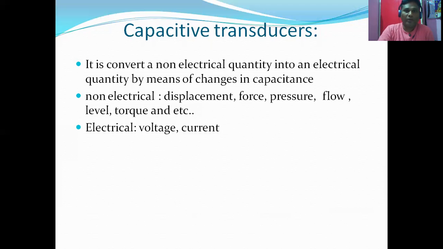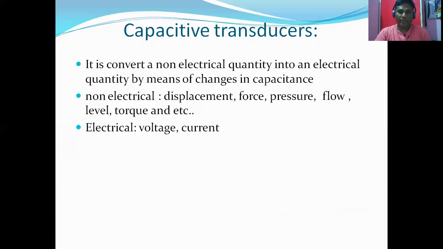Okay. So the first part is the capacitive transistor. The capacitive transistor is a passive transistor. So what is the role of the capacitive transistor? A capacitive transistor is a device that converts a non-electrical quantity into an electrical quantity by means of a change in capacitance.